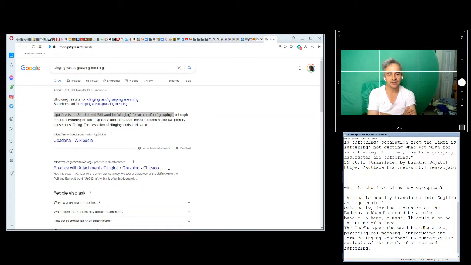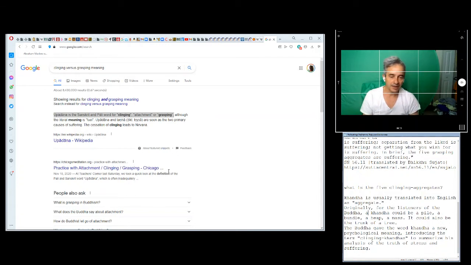So, for the listeners of the Buddha, originally the Pali word kanda could mean a pile, a bundle, a heap, a mass. It could also be the trunk of a tree.